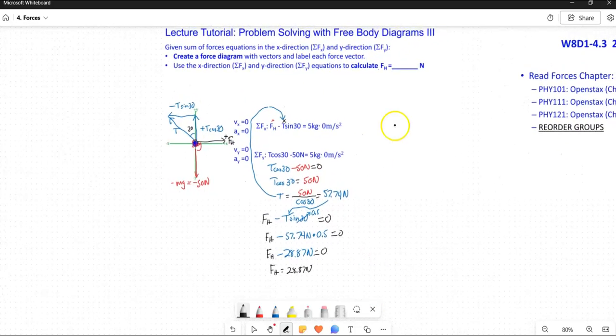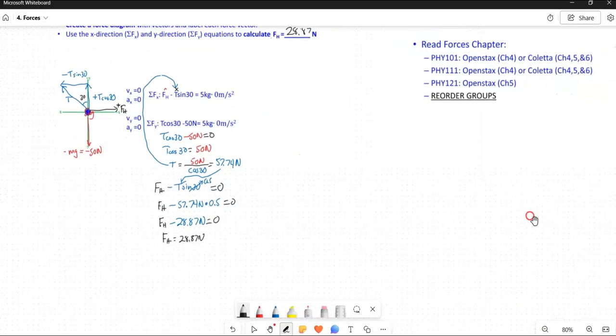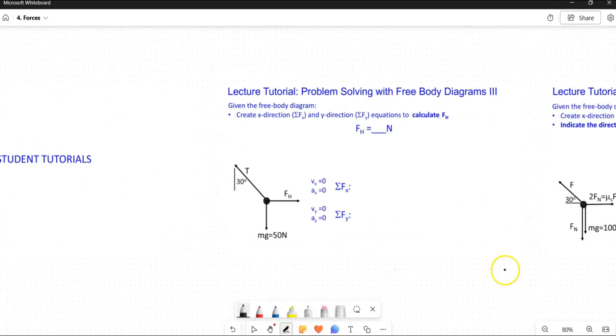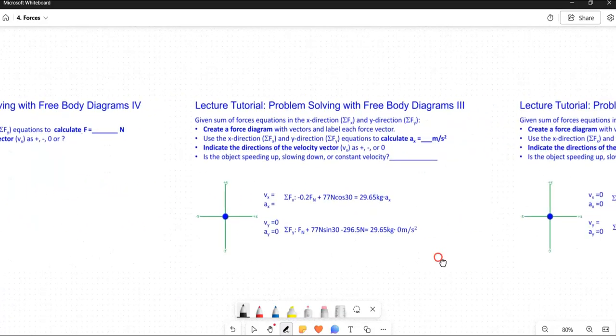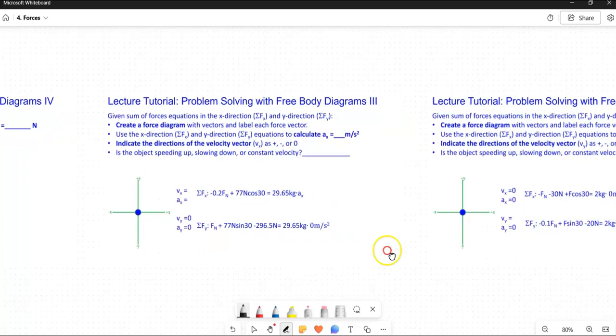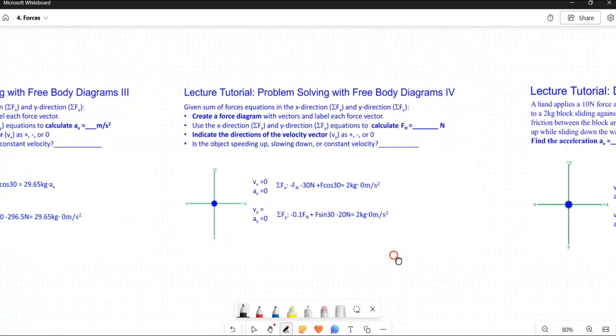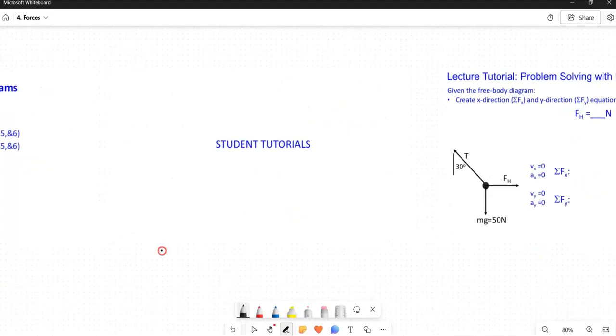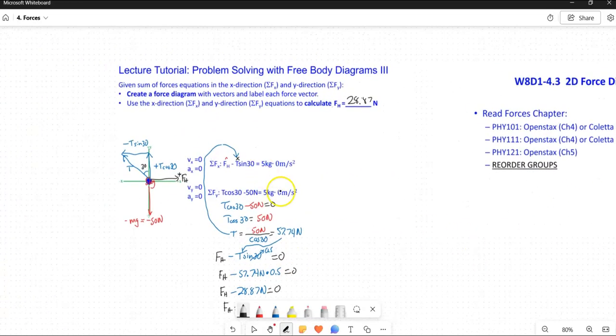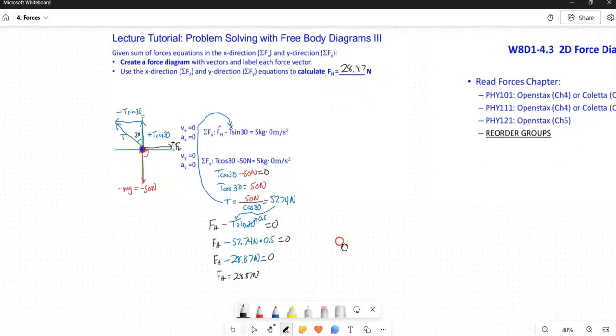So not too difficult, but it kind of helps you out with some of your future problems. Just remember, try to keep things simple when you're doing your tutorials, and try to get a numerical answer when you're in a situation where you have two equations and two unknowns.